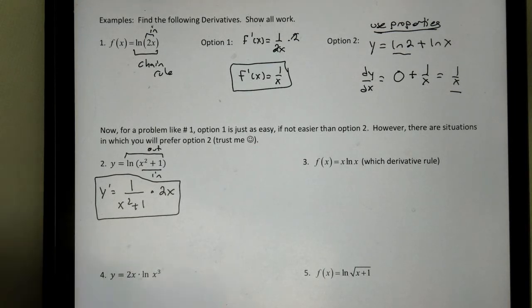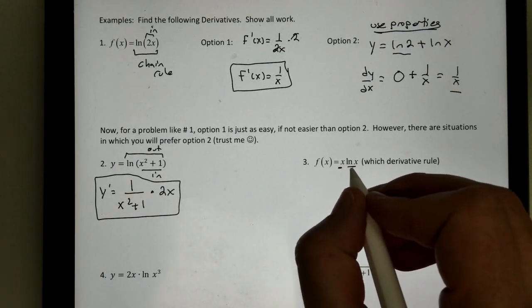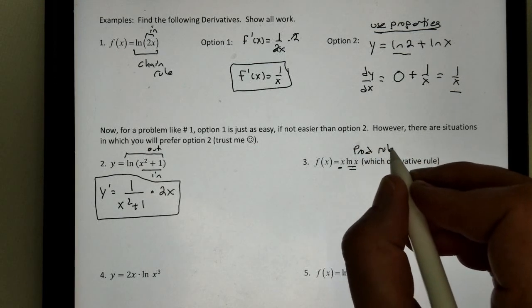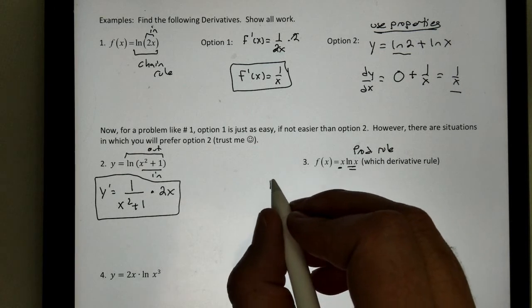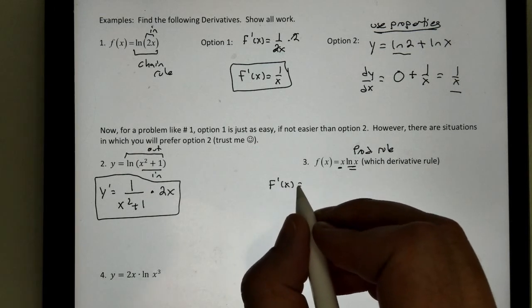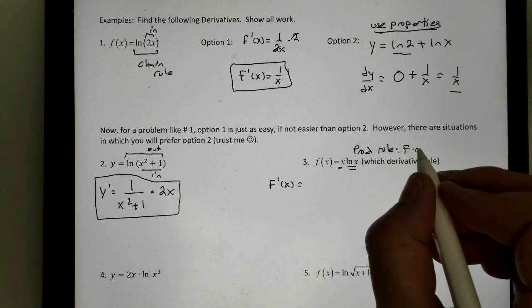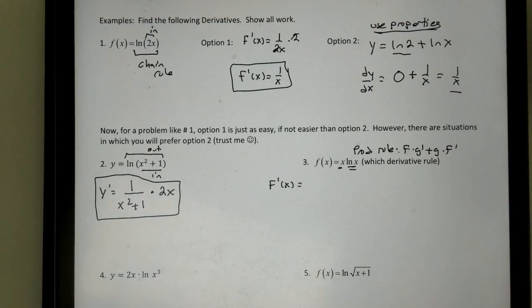Now, we are going to have to use our other derivative rules as well. For example, in number 3, notice we have this x times this natural log of x. We are going to have to use the product rule here. So when we take our derivative, my rule says the product rule, don't forget, is the first times the derivative of the second plus the second times the derivative of our first.